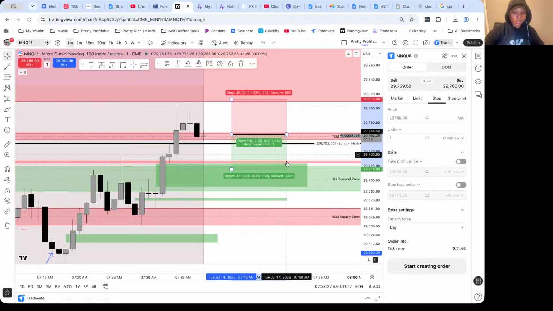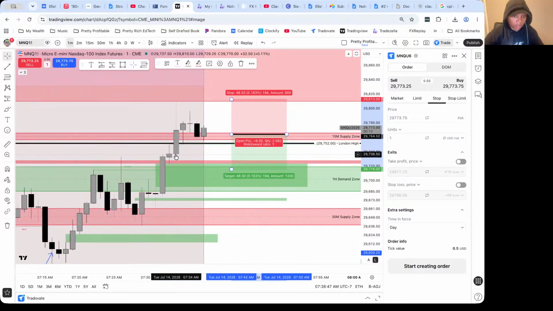So I want to see that thing. I want to see if. So I saw this, right? So for me, it's like, okay, entry would be here, if a candle closes under here. Right?